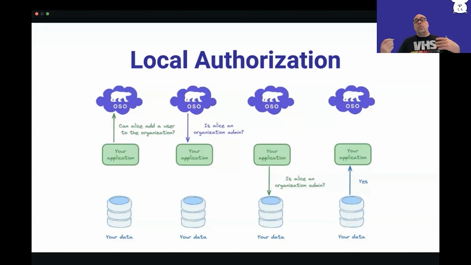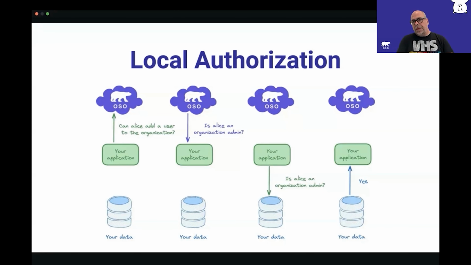One of the other things that local authorization gives us is the idea of local list filtering. Typically, let's say a user has a large number of files, maybe in the thousands or hundreds of thousands, stored locally. If we had to put all of that data into OSO, we wouldn't necessarily be able to do efficient list filtering, especially if we wanted to sort and paginate the data.